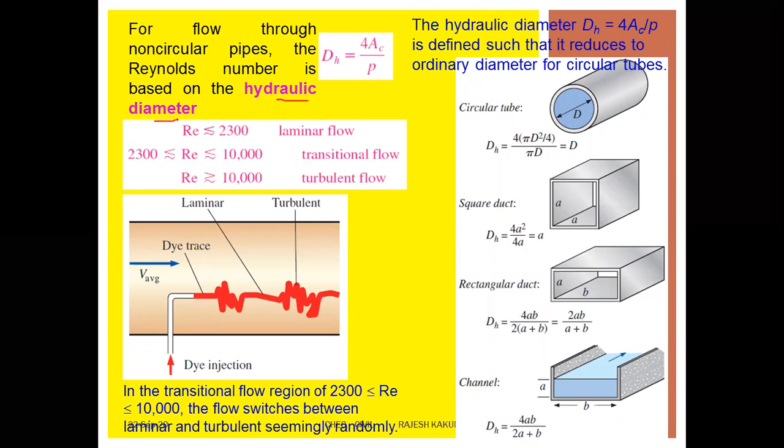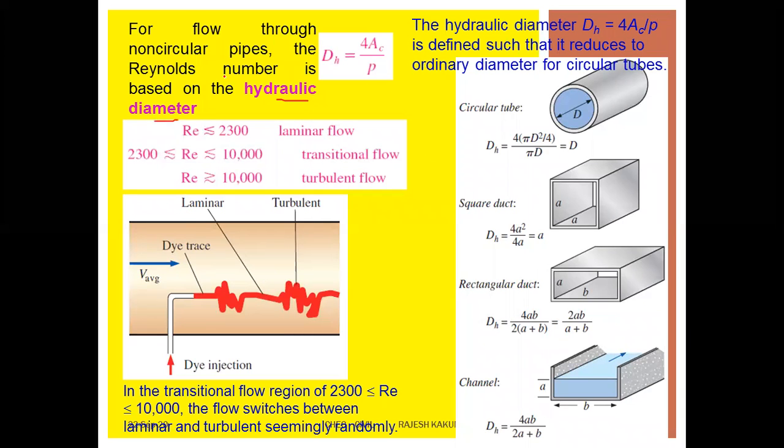Whenever it is flowing in a circular pipe, we go in the normal process. Whenever the fluid is not going in a circular pipe, then the Reynolds number is based upon what? Hydraulic diameter. Then what is the hydraulic diameter here? DH is equal to 4 into A divided by P.